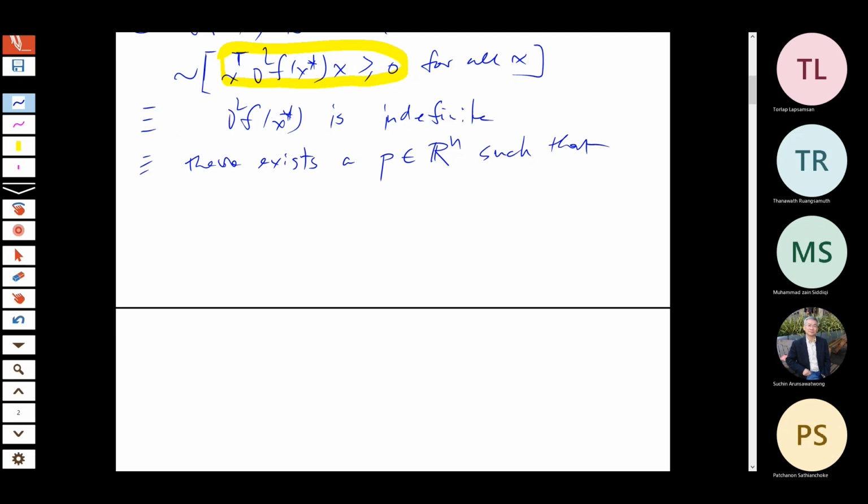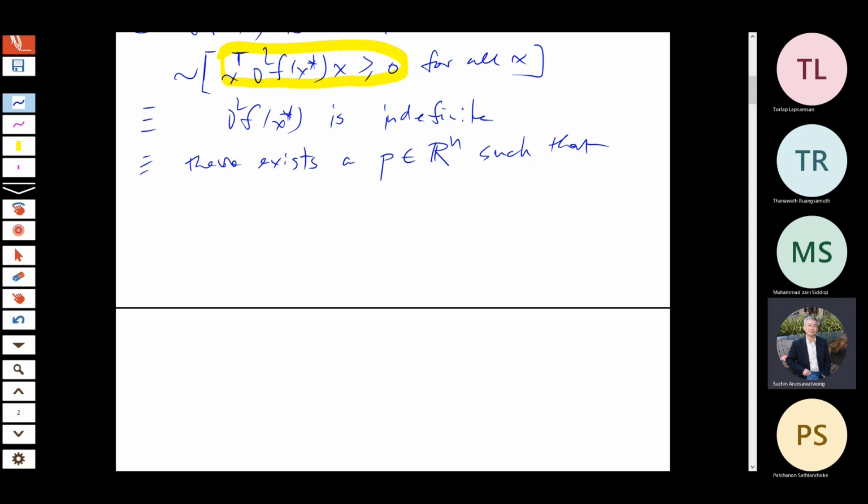This is what happens when the H matrix is not positive semi-definite. It can be negative semi-definite or indefinite. There are three possibilities: positive semi-definite, negative semi-definite, and indefinite. When it's not positive semi-definite, it can be either of the other two.